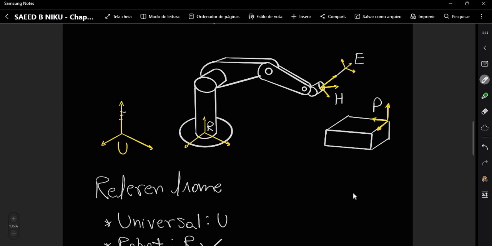And we have coordinates, so we can say that this part is doing a transformation based on the universe reference. Okay, let's get back.